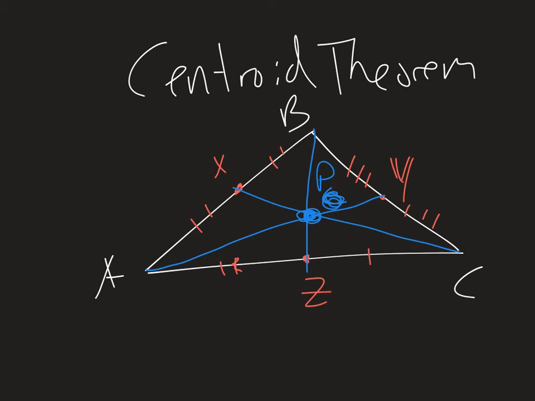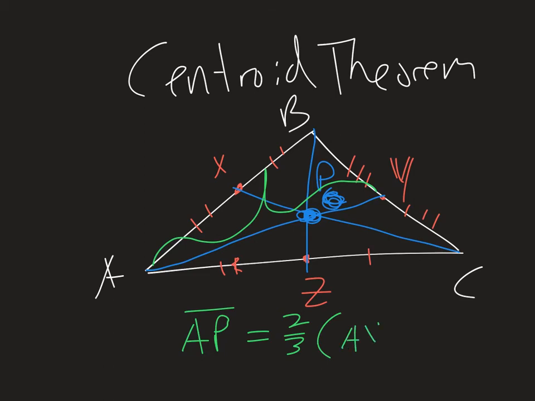So if we're looking at this, in particular the centroid theorem is more we're looking at this whole segment, or one of the medians. So it turns out that AP is always equal to 2/3 of the entire median, in this case AY.